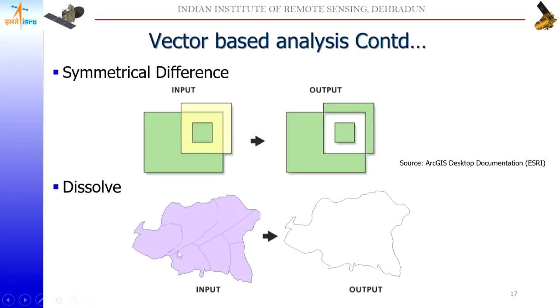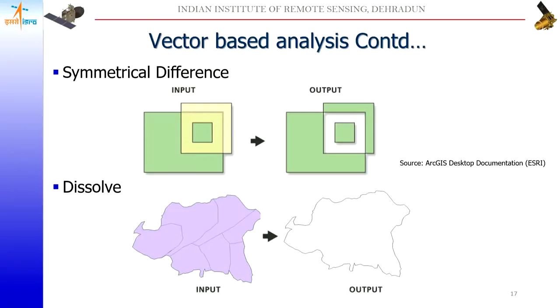Then if I just dissolve all these ward boundaries, I will get the whole map irrespective of the ward boundaries. We can use this wherever we want to eliminate the boundaries and create a new polygon having only the outside region. You can again take an example: if you have a state map of India and we dissolve based on the states, then I can get the India map.